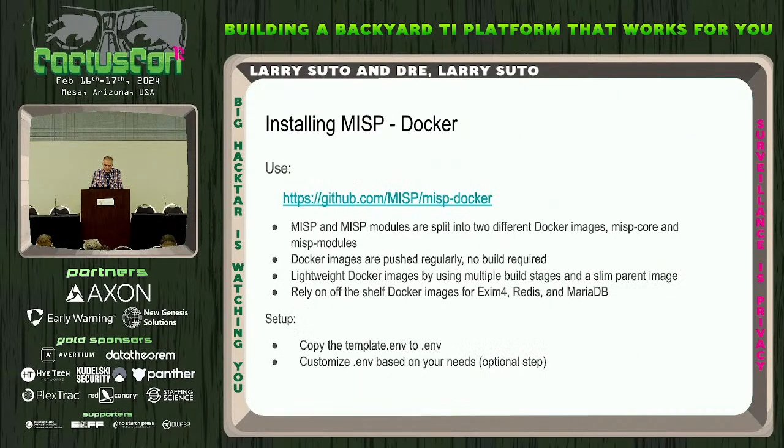All right, so we're just going to get a little bit into installing MISP. I wanted to communicate the quickest way to do it, and the quickest way to get MISP up and running is to use this Docker module, at this GitHub address, and it's quite easy to do.